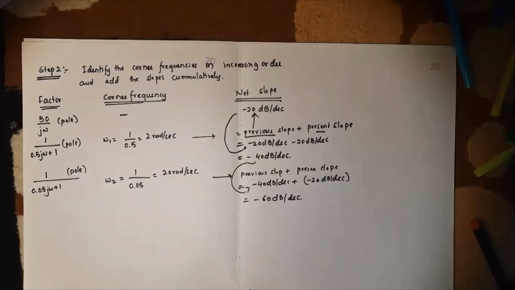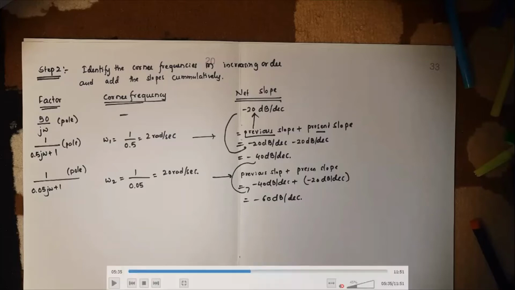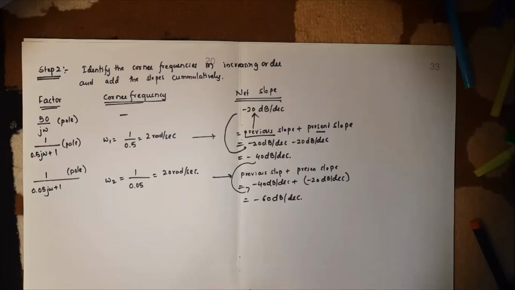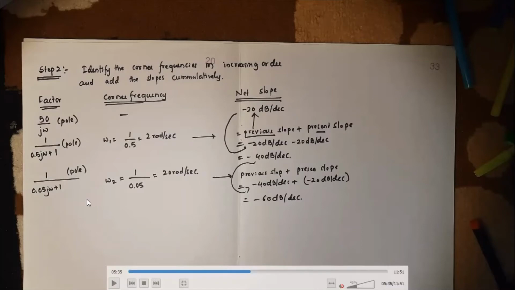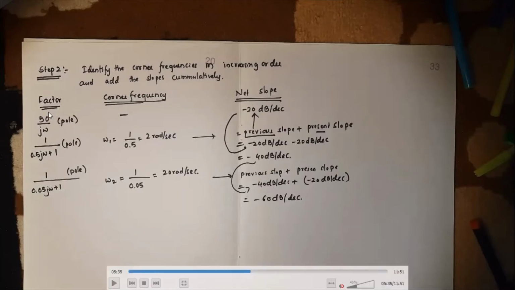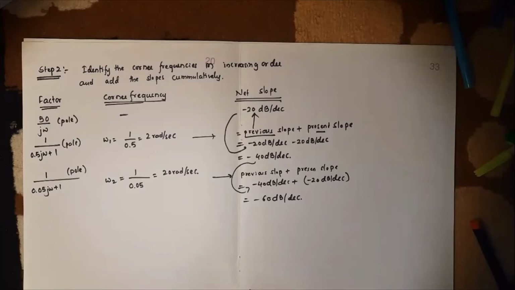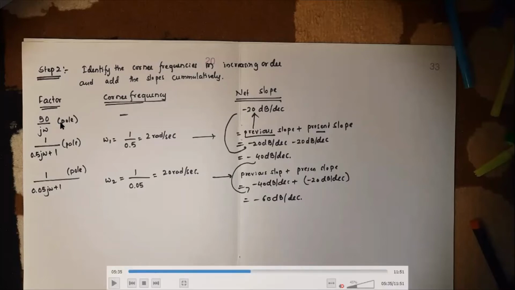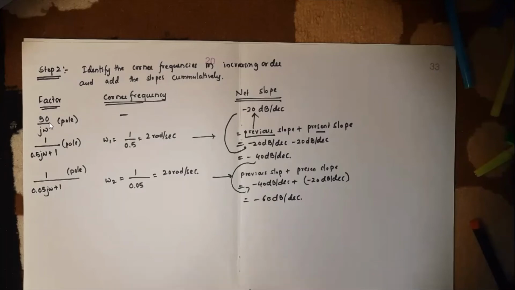Once you identify the starting point, the next step is to proceed with the graph on the frequency scale. For that, this is the table we should follow. In that, the first factor is always a pole or a zero at origin, so it doesn't have any corner frequency because it is starting from omega equal to 0.1 radians per second. Looking at the factor, you write the slope for that. If it is a pole, it is minus 20 dB per decade. If it is a zero, it is plus 20 dB per decade.